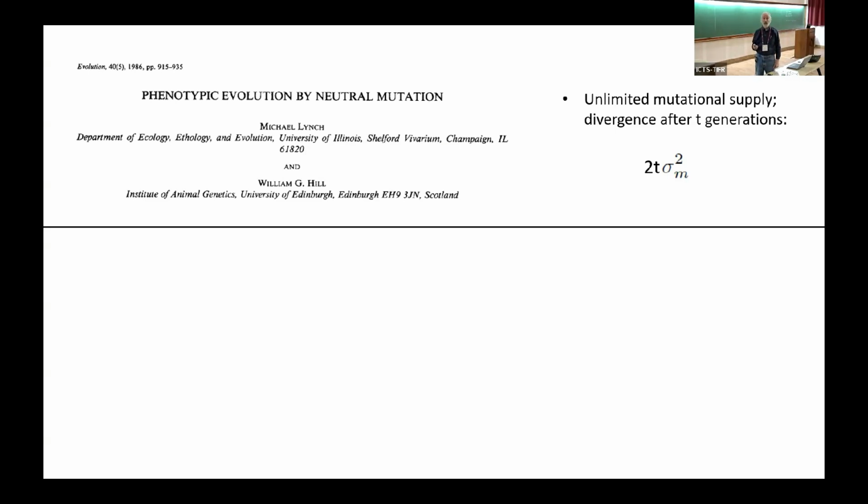And that model does make an assumption. It assumes there's essentially unlimited supply of mutations. That you just keep going, you diverge forever. There's noise, but that's the average rate of increase in the between line variance over time. And of course, for a lot of traits, you're not allowed to go below 0 either, so that's a problem.